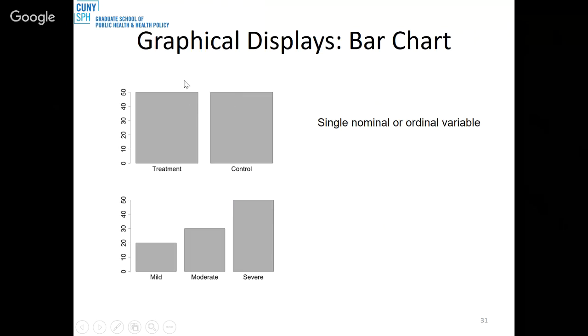So I'm displaying the same information as in those one-way frequency tables here as bar charts, and showing you that we have 50 people in the treatment group and 50 people in the control group. And we have 20, 30, and 50 people reporting mild, moderate, and severe pain.